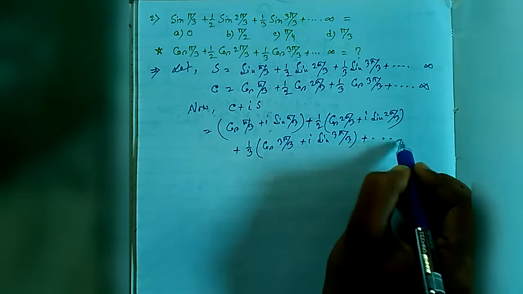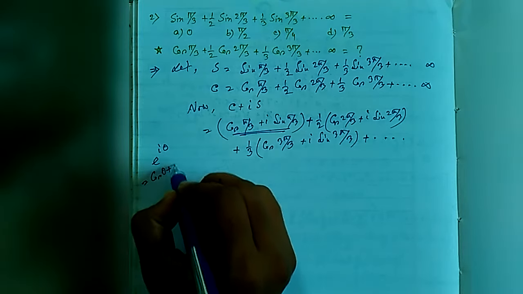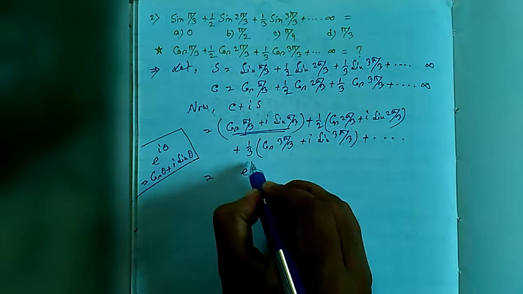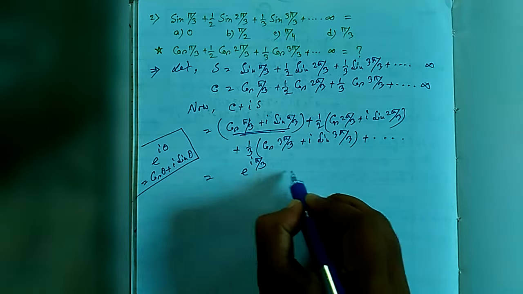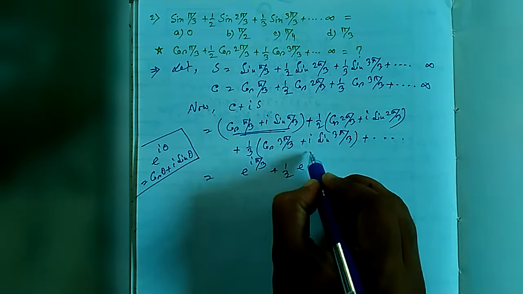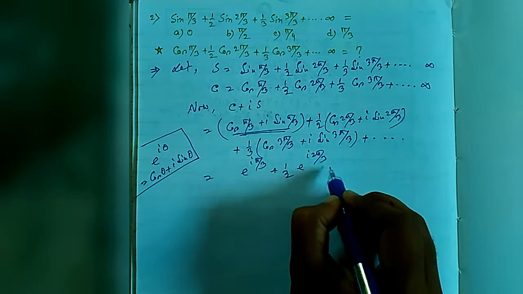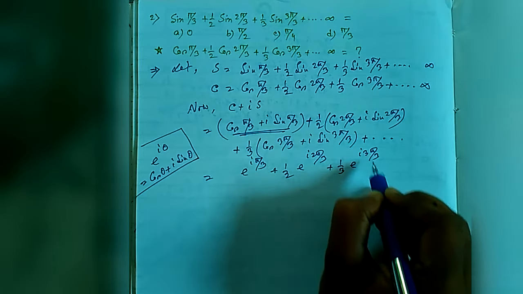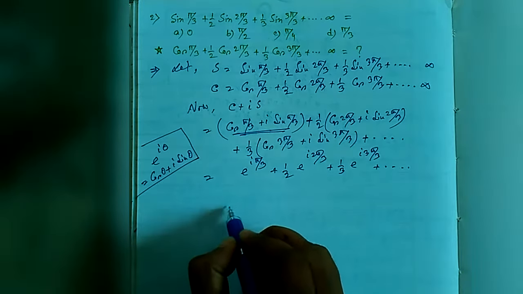We know e to the power i theta means cos theta plus i sin theta. So this will be e to the power i pi by 3 plus half of e to the power i 2 pi by 3 plus 1/3 of e to the power i 3 pi by 3 plus dot dot dot.